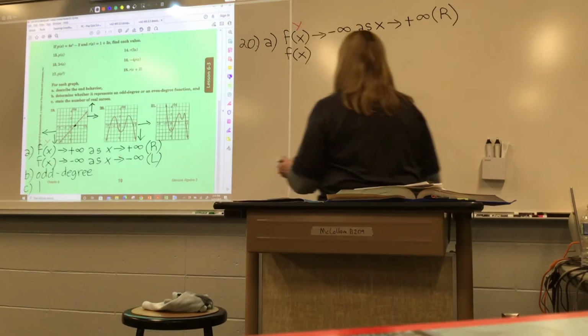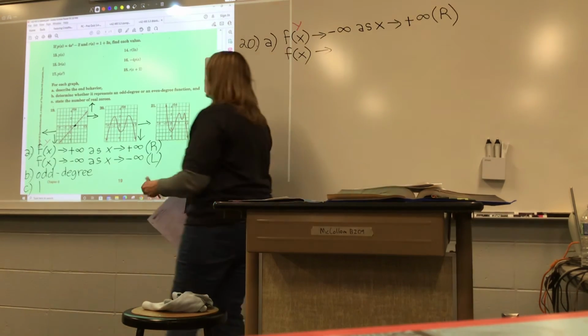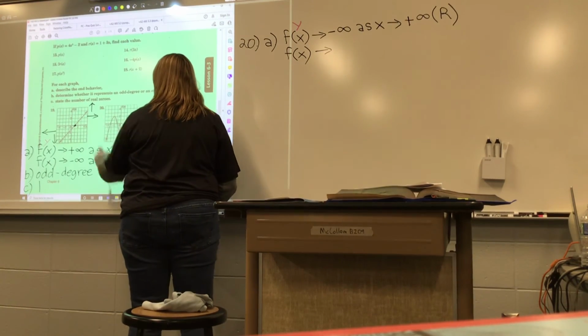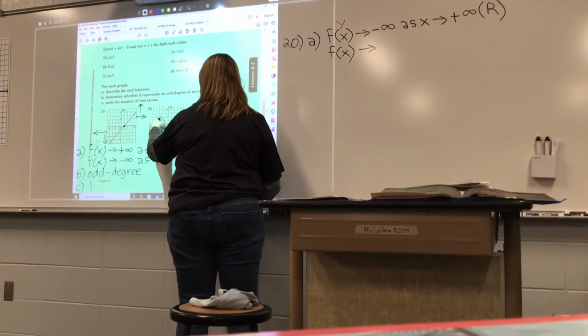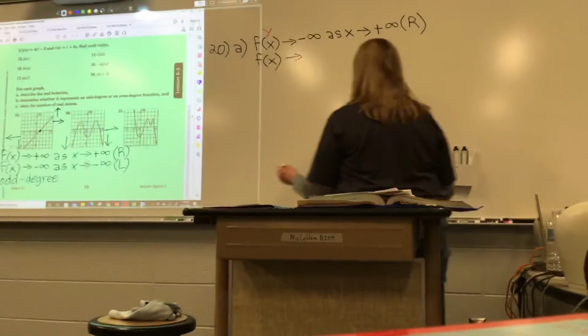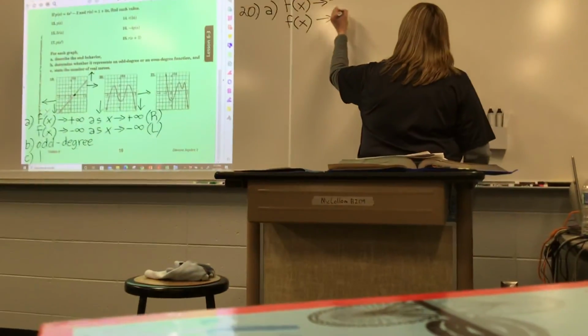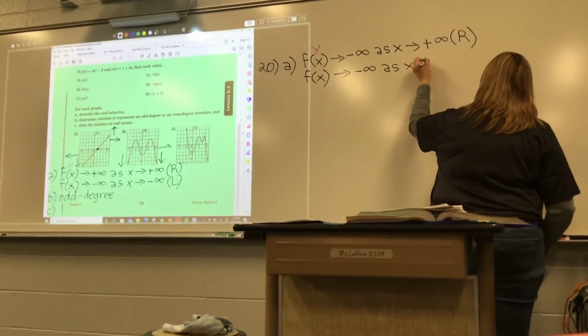And you can see in the next statement, Chase, is the left end of your graph rising or falling? It's falling. So it's falling, would that be positive or negative infinity? It's going to be negative infinity. As x approaches what?